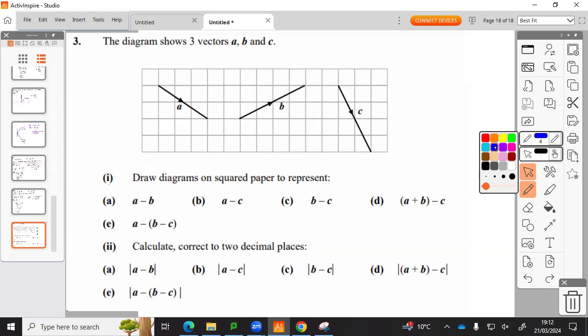The vector A is described by 3 places along the x-axis, -2 on the y-axis. All right, the arrow there. B goes along the x-axis by 1, 2, 3, 4, positive up the y-axis by 2.